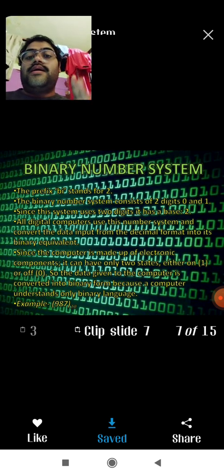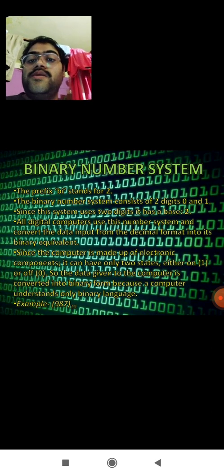Now let us discuss the binary number system. This binary number system is always represented as 0 and 1. These are two digits, and you must always remember the binary number system is always represented by the computer memory. Since the system has two digits, it has a base of 2. All digital computers use this number system.